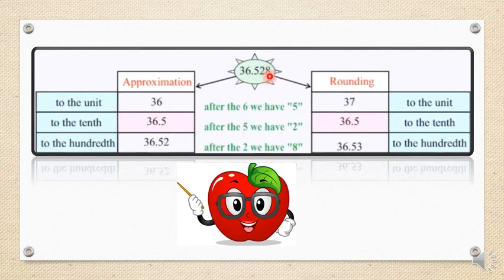It's 8, so it's rounding up. So in this case, we add +1 to 2, and we drop 8. So it will be 36.53.